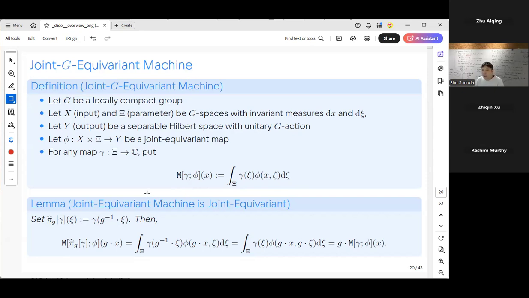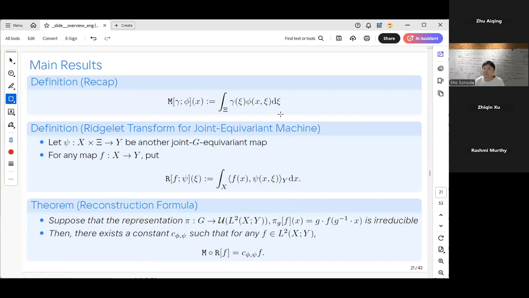We do not use this property, but this joint equivariant machine is again joint equivariant. So in this sense, joint equivariance is much more ubiquitous than the classical group equivariant feature map. And this is the main result.